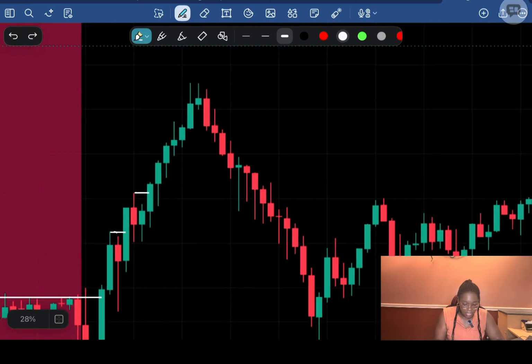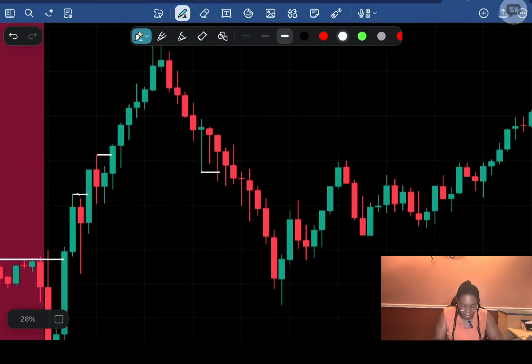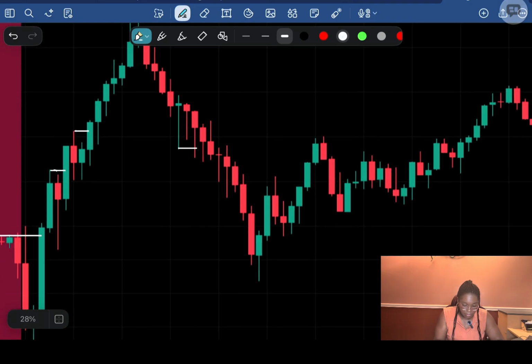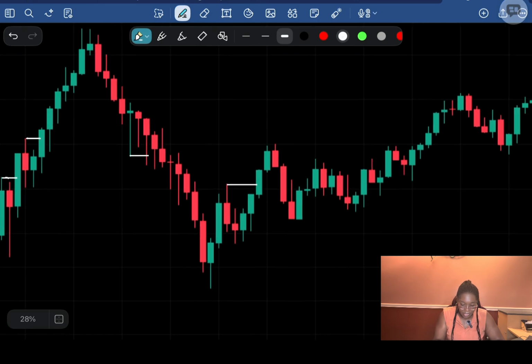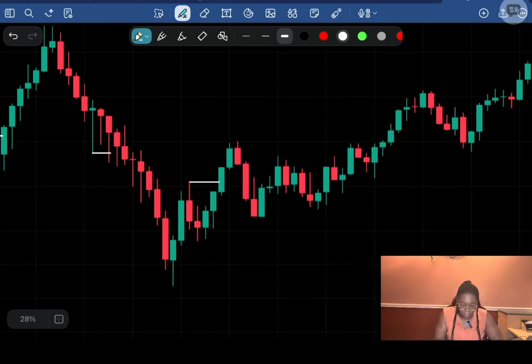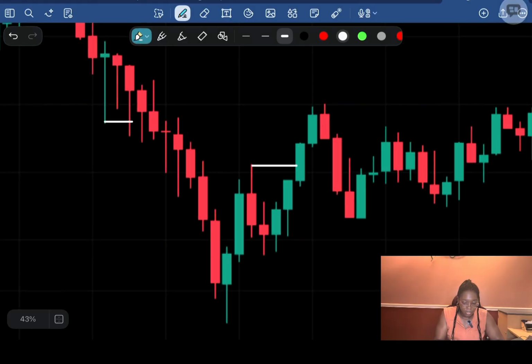So on the opposing side, we see a low that gets taken out here. And then that does make a swing low down here. And then again, we see liquidity being taken out here. So all these lines I am drawing are basically just where liquidity is expecting to rest.